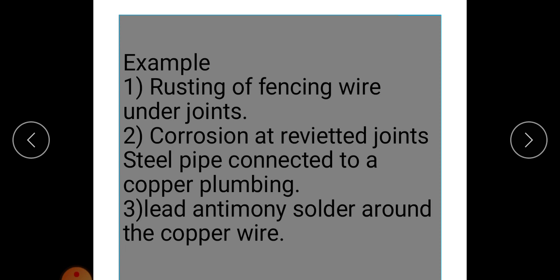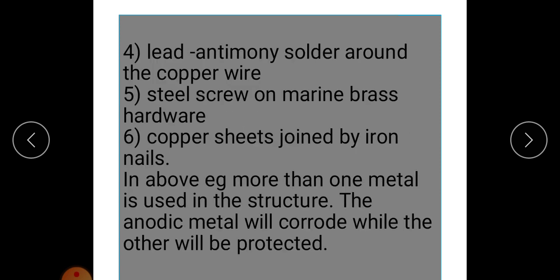First, for example, the rusting of fencing wire under joints; the second is corrosion at riveted joints of a steel pipe connected to copper plumbing; and the third is lead and antimony solder around copper wire. The next examples are lead antimony solder around copper wire, steel screws in marine brass hardware, and copper sheets joined by iron nails.